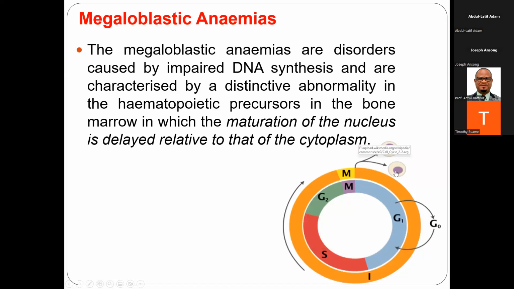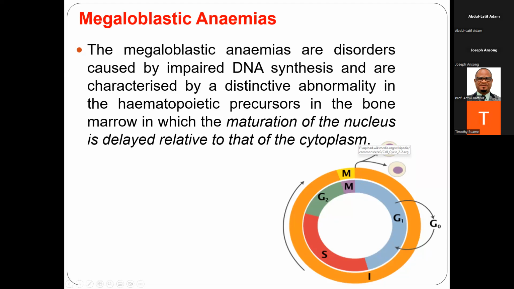What happens in this cell is that because the DNA failed to be synthesized adequately due to the lack of vitamin B12, the cell growth is arrested at G2, and it doesn't go on to divide into two young cells, so it remains as a large cell.